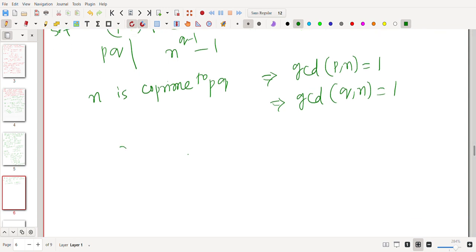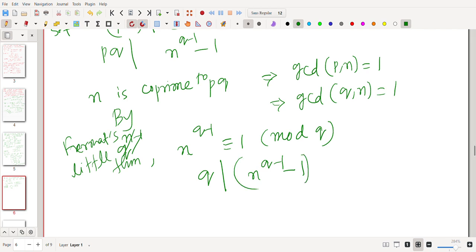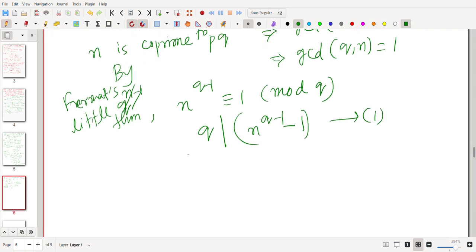That means since GCD of Q, n equal to 1, that means n power Q minus 1 is congruent to 1 mod Q by Fermat's little theorem, right? That means Q divides n power Q minus 1, number 1.